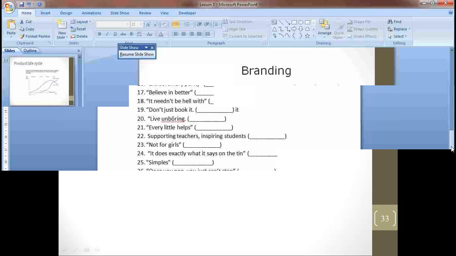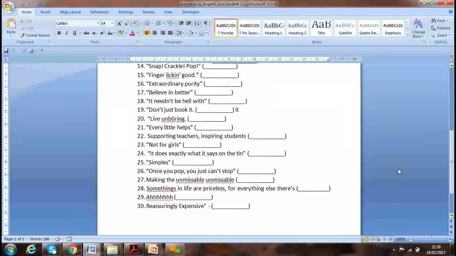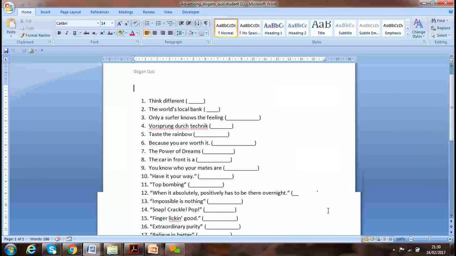Let's have one activity. These are slogans which different companies use. I'm not sure about every one, because of course countries have slightly different slogans.